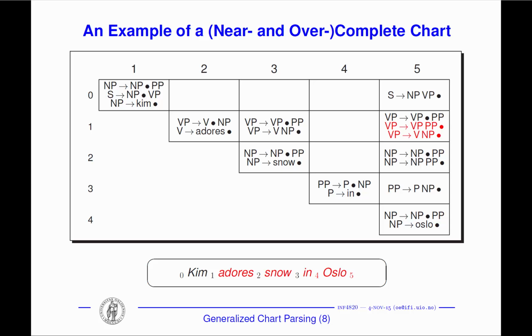I have active edges here, so here I should be able to trace, for example, the two edges from which this passive edge was derived. Shall we go hunt for them? Let's do that. So where do you think are the two edges from which this edge was derived?